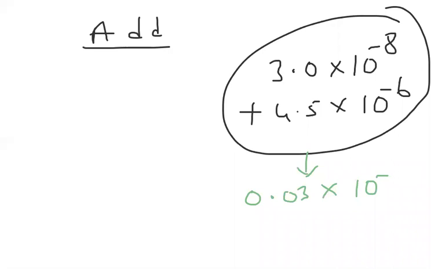I converted minus 8 to minus 6. So now 0.03 into 10 power minus 6 plus 4.5 into 10 power minus 6.